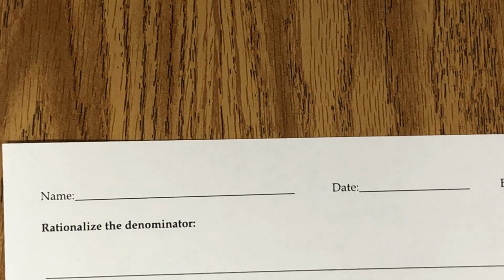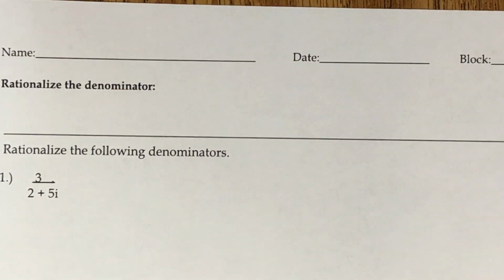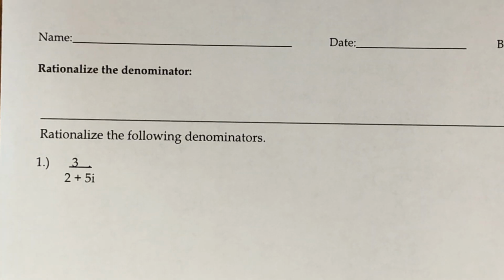So what we are going to do here now is an operation that's referred to as rationalizing the denominator. Rationalizing the denominator basically just means making the denominator rational. The denominator just means the bottom part of a fraction, and to make it rational means to get rid of the imaginary parts.